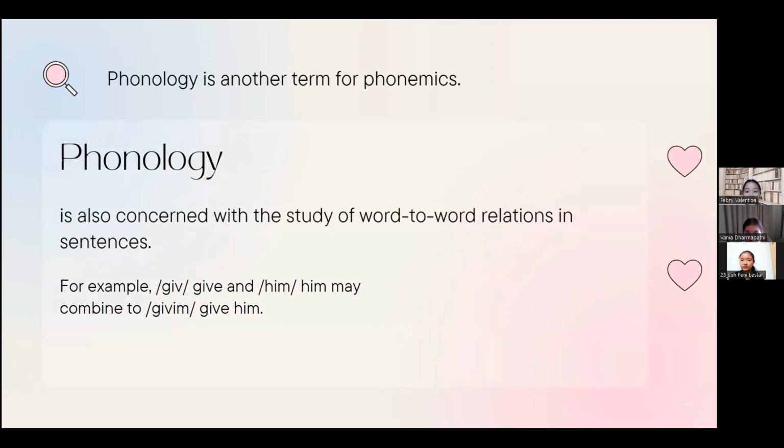Phonology is also concerned with a study of word-to-word relations in sentences, that is, how sound patterns are affected by the combination of words. For example, give and him may combine to give him.